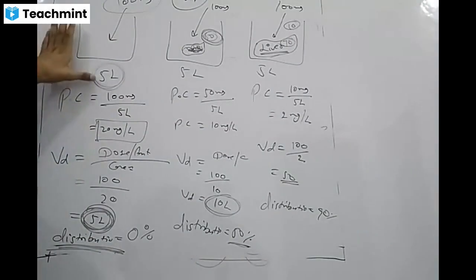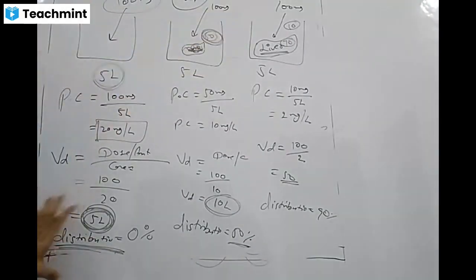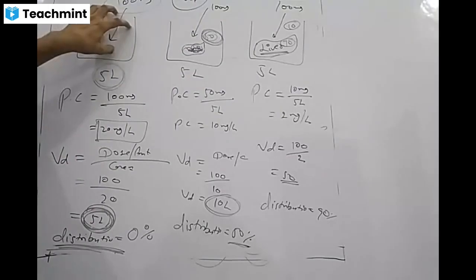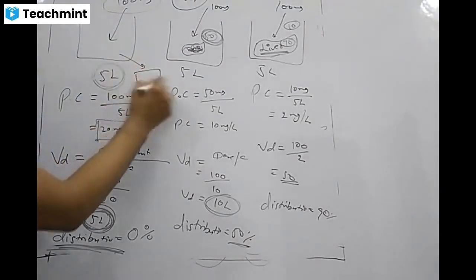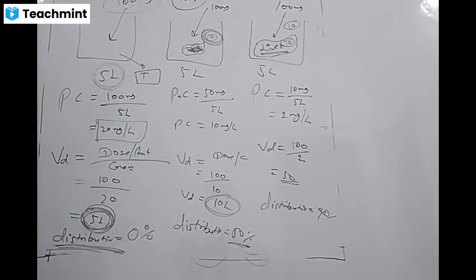In the first case, VD is 5 liters, and blood or plasma is 5 liters. It means the whole of my drug is present in plasma. If the drug is not leaving plasma or entering into the tissues, its distribution is 0.